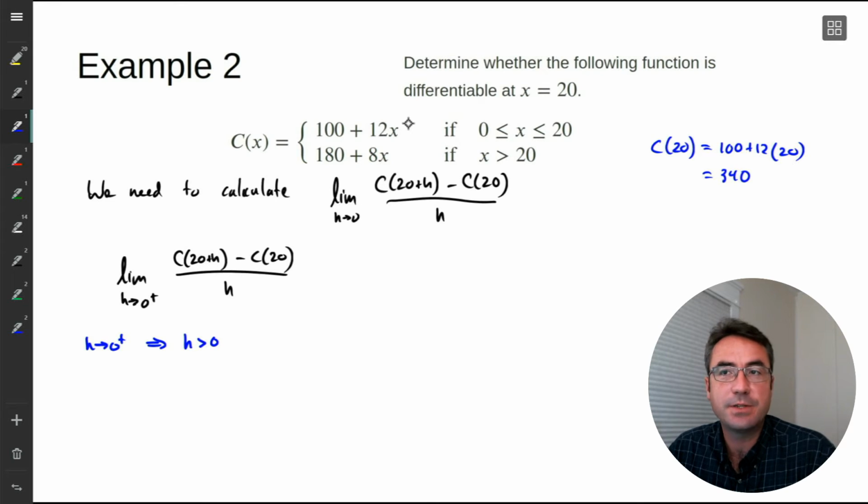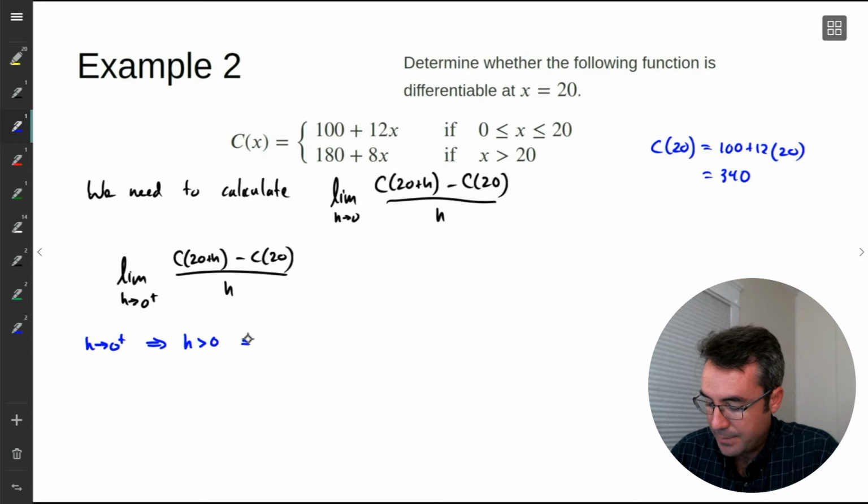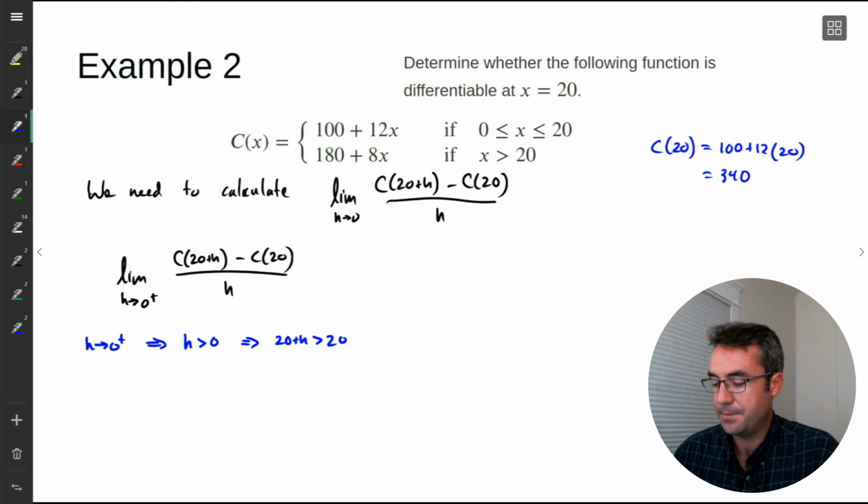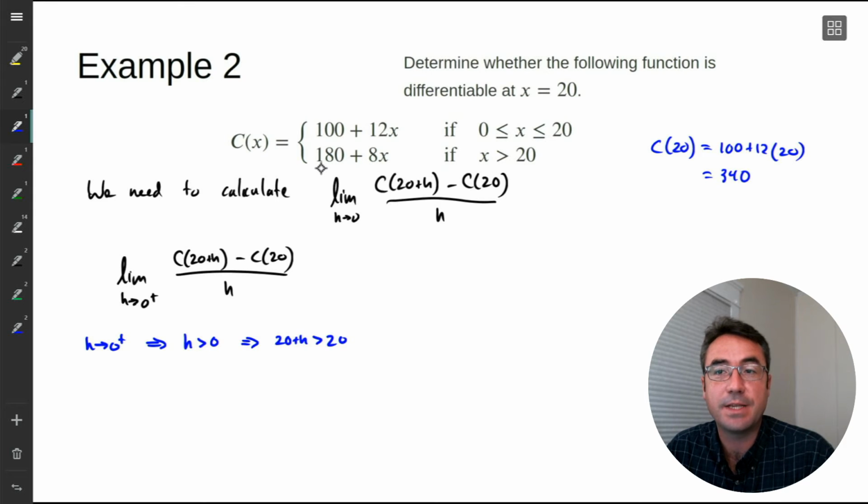With a piecewise function we have to identify which piece to use. So we're trying to figure out, is this input 20 plus h bigger than 20 or less than 20? That'll tell us which piece to use. So 20 plus h is a small positive number, so that means 20 plus h is slightly bigger than 20. So we need to use this piece right here, this 180 plus 8x, when we evaluate.